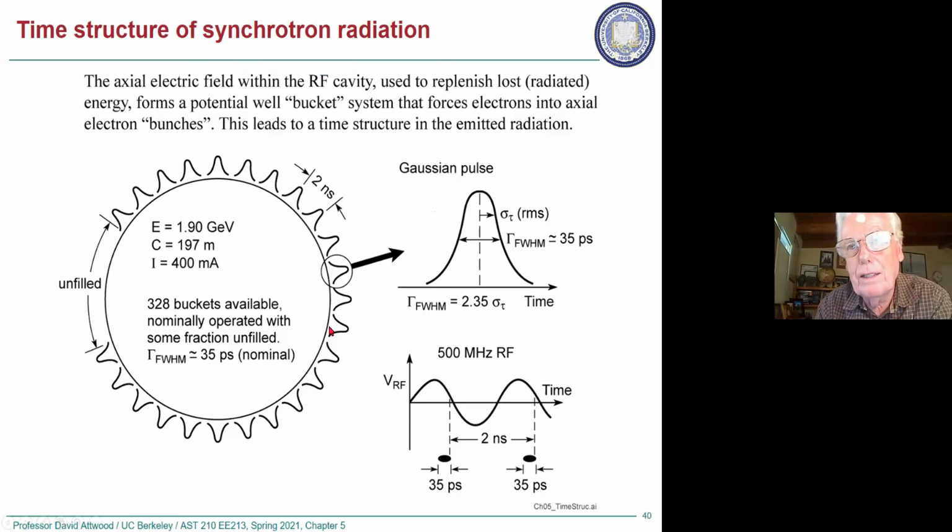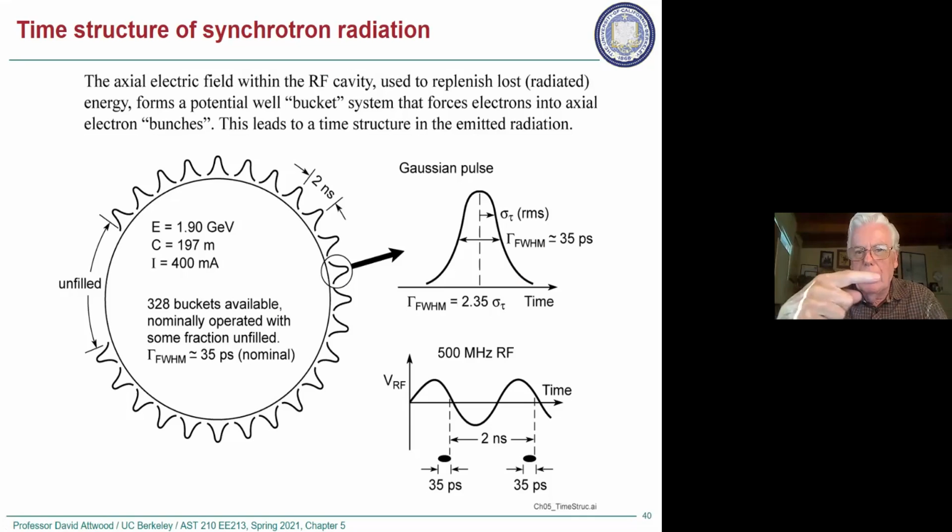And so as a result, they've lost energy and they're a little bit slower. Remember that I said the energy spread, or the variation in gamma, delta gamma over gamma, is something like 10 to the minus 4. So it's not a big effect, but some of them are slowed down. So they put an RF cavity at 500 megahertz. It's in one of the straight sections, and it has an axial electric field.